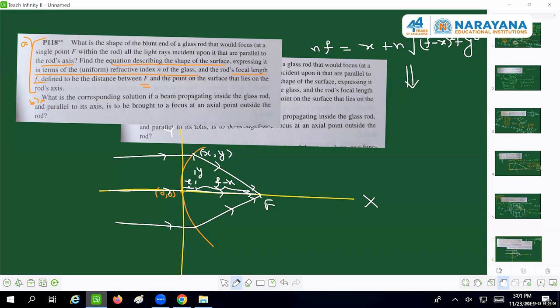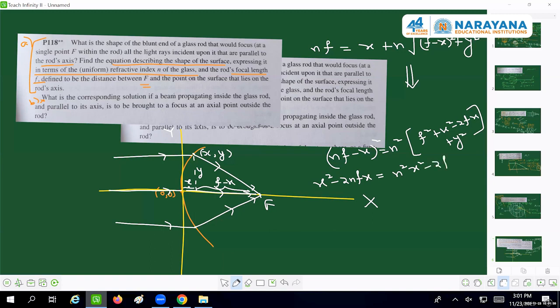So I'll just derive. n into F minus x the whole square, that is n square into f square plus x square minus 2fx plus y square, right? So basically x square minus 2nfx is equal to n square x square minus 2fx n square plus n square y square.